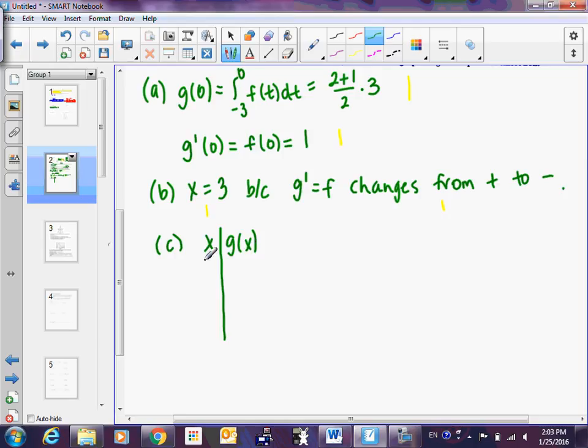I don't have to pick every single one. I need to plug them into G, and then the biggest answer would be my absolute max, and the smallest answer would be my absolute min. Okay, so do you guys remember what my possible candidates are? The endpoints, which would be -5 and 4.